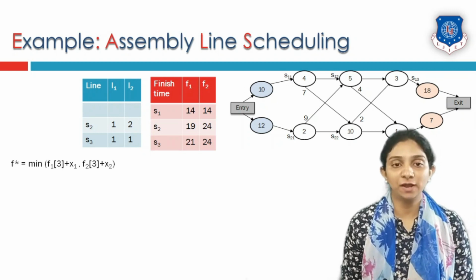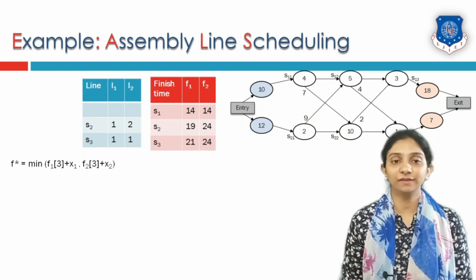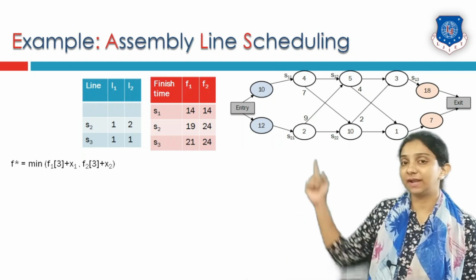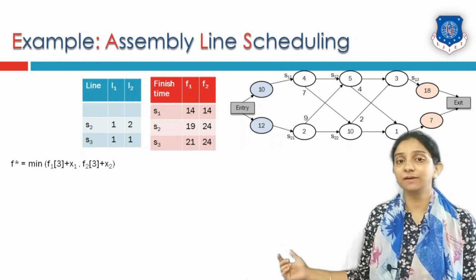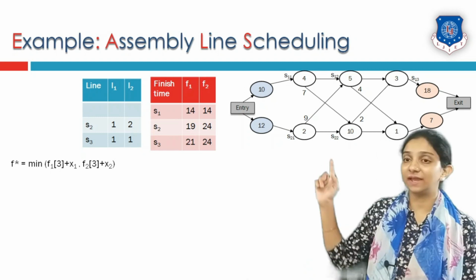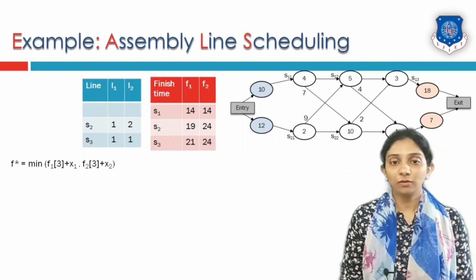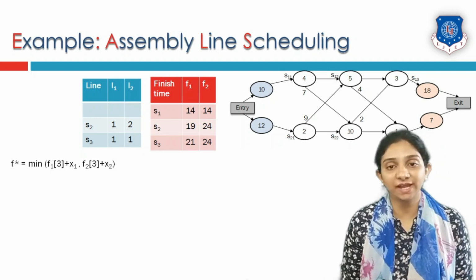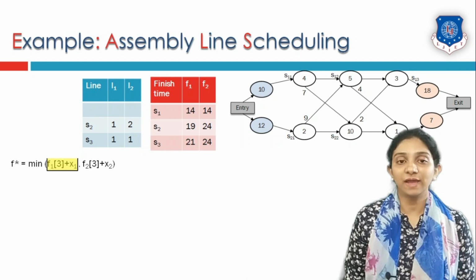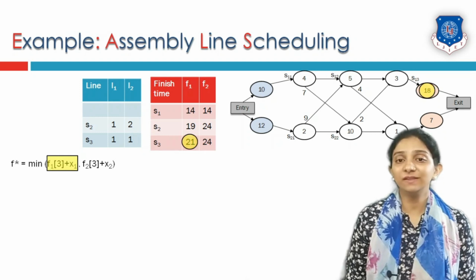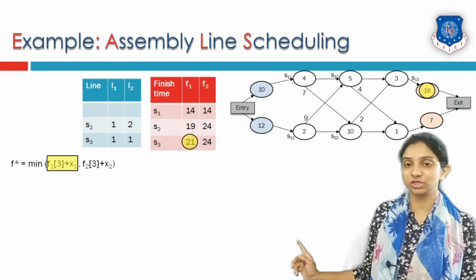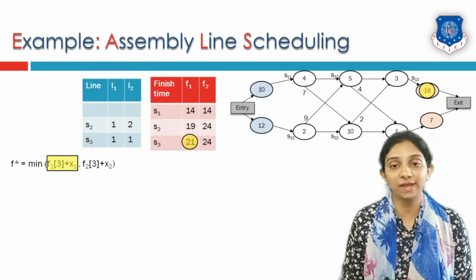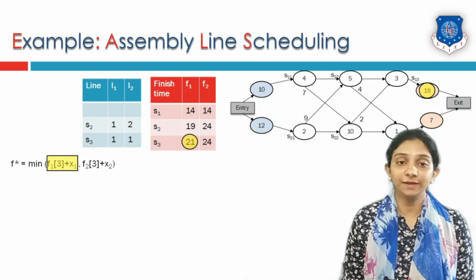Now we have to find the final finish time, that is F star. F star is given as the finish time at line 1 station 3, that is F1 of 3, plus the exit time of line 1, comma, the finish time of line 2 station 3 plus the exit time of line 2. So F1 of 3 plus X1, where F1 of 3 is the finish time at line 1 station 3 given inside the table, and the exit time is mentioned inside the graph or figure itself.